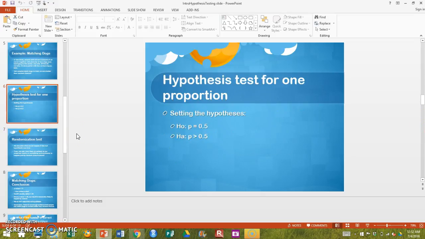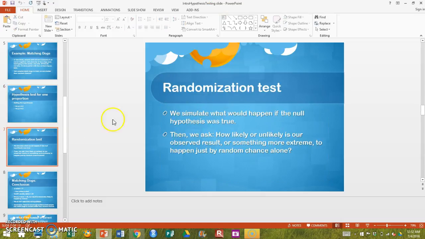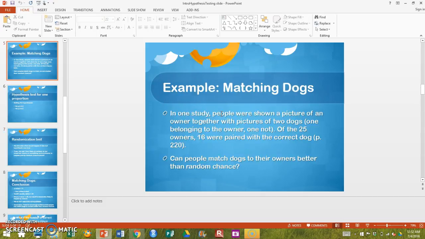So we start with this assumption that the actual proportion in the population is 0.5. And we will run a randomization test with that. And we will get some results. After we get our results, we will take our observed result of 16 out of 25, which is about, I think it's 62.5% or 0.625.